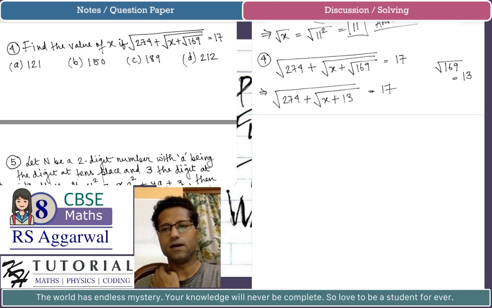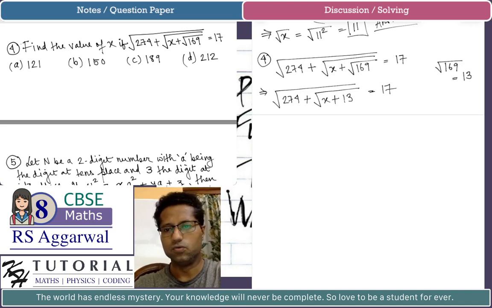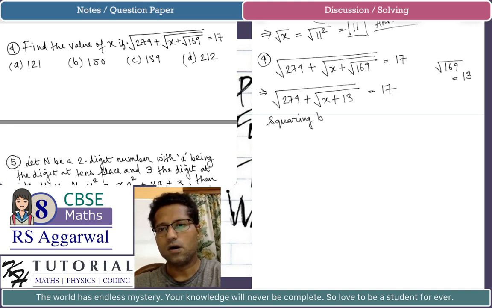Now how can we get x from here? You can see that the left hand side is a square root and the right hand side is a constant number. What you do is you take squaring both sides. That is, you take the square of both the left hand side and the right hand side, and the equality will remain the same.